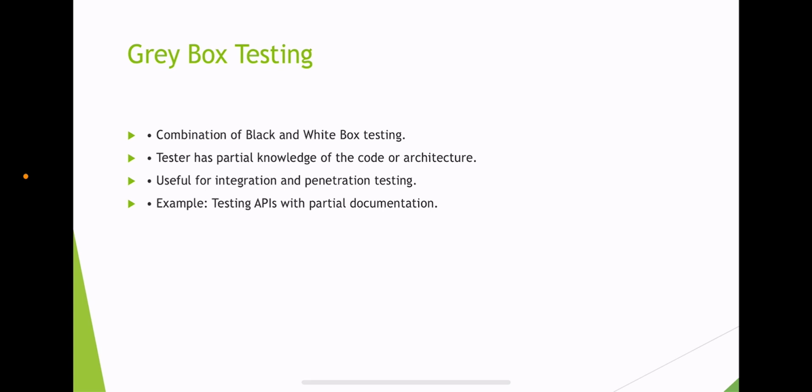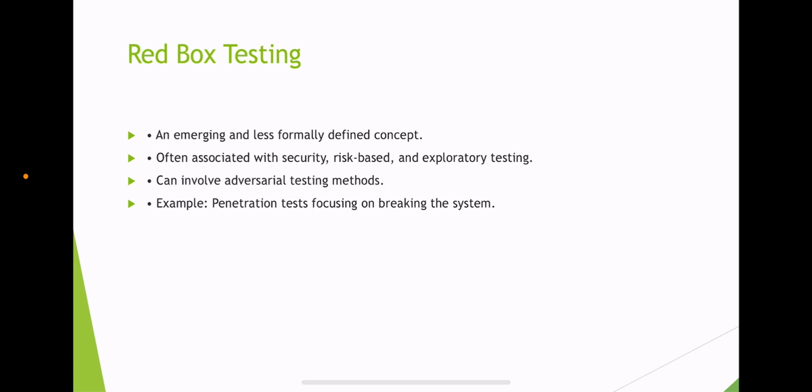So let's begin with our next testing type, which is red box testing. Red box testing is a less common testing type used in the industry in the current era, because it is an emerging concept.